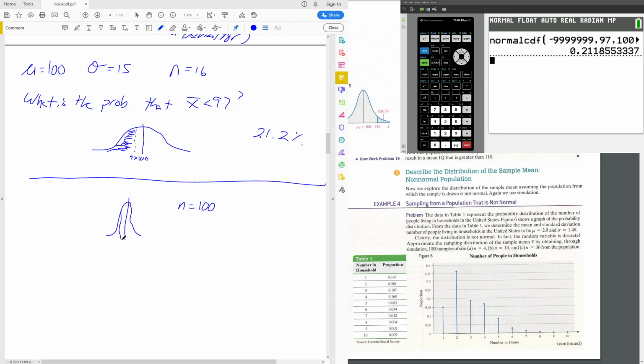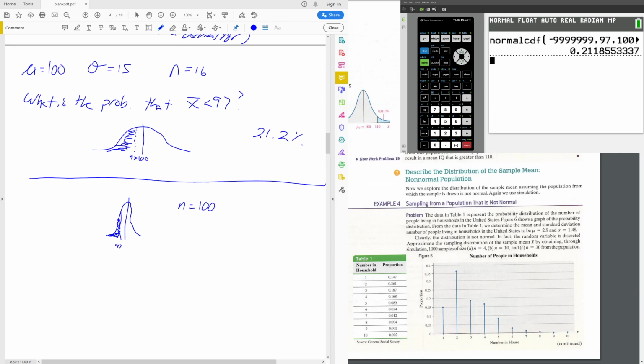And so now when I think about 97, this area is going to be much smaller because we've been smushed in. So I'm expecting this probability to go down because, again, if we're sampling 100 people, we're probably going to be a lot closer to 100 than we were in this previous distribution.